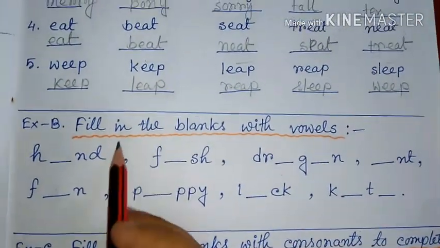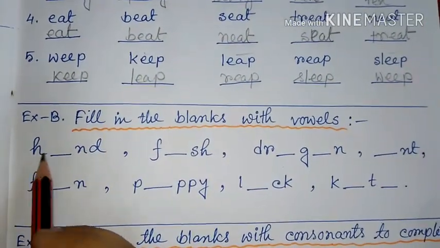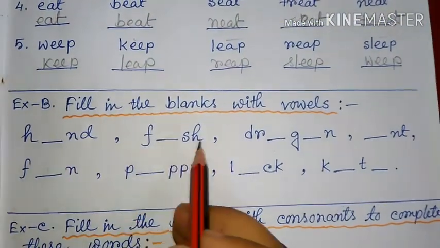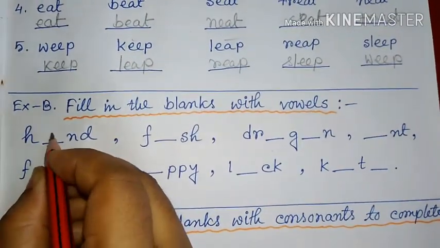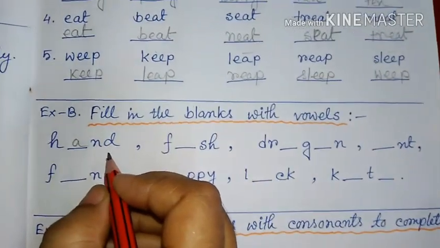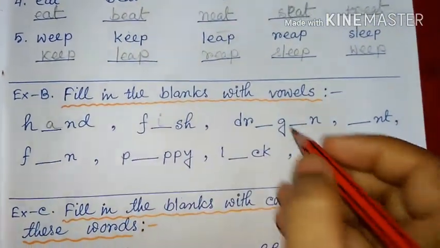So let's move to the exercise B. Fill in the blanks with vowels. Here the words are H A N D. It becomes hand. FISH fish.